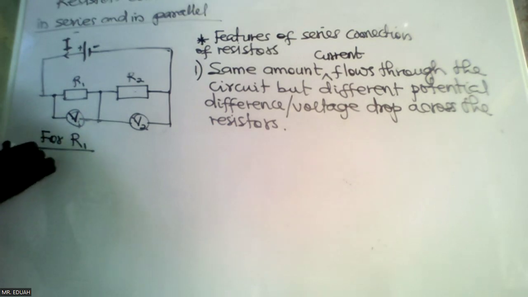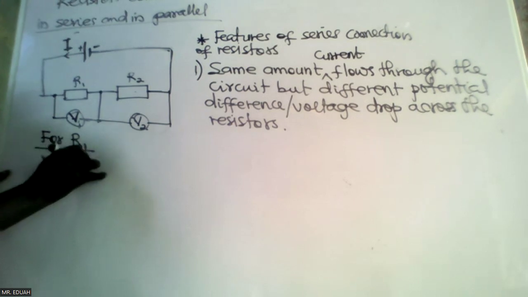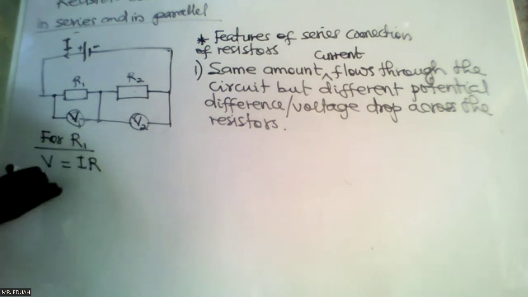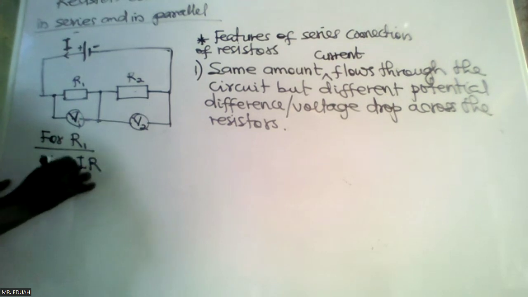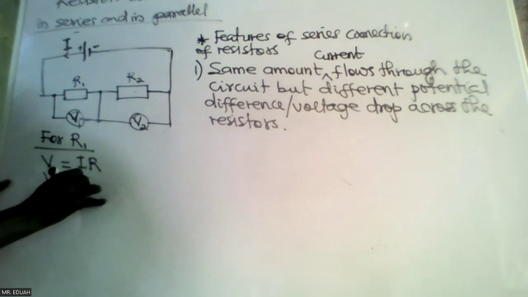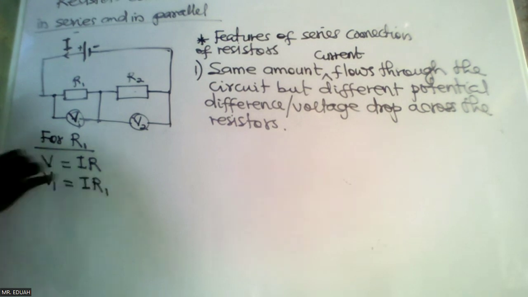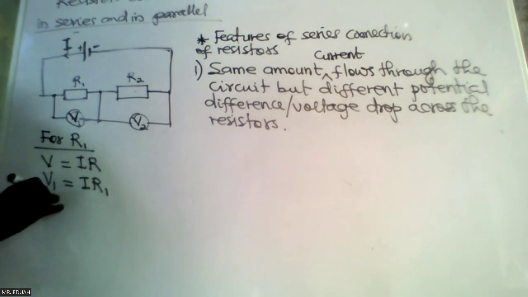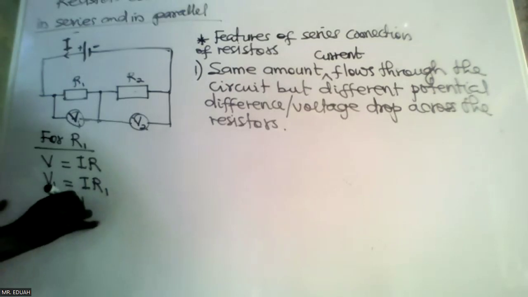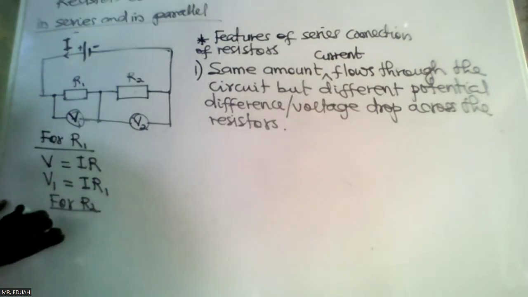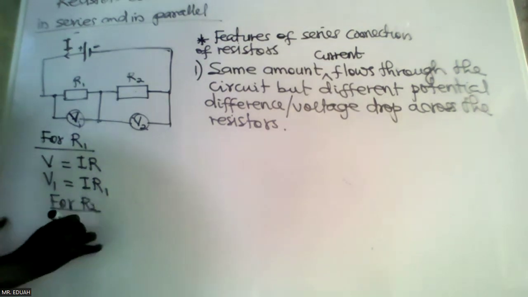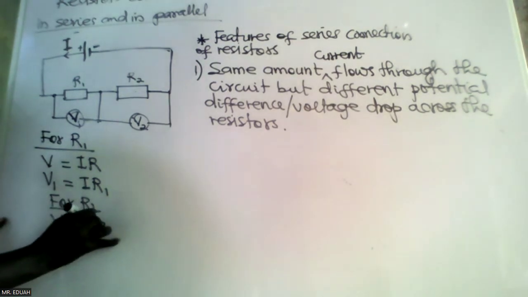resistor 1 from Ohm's law, V is equal to IR. Therefore, V1 will be equal to I times R1, because the same current flows through them. Then V2 is equal to I times R2.